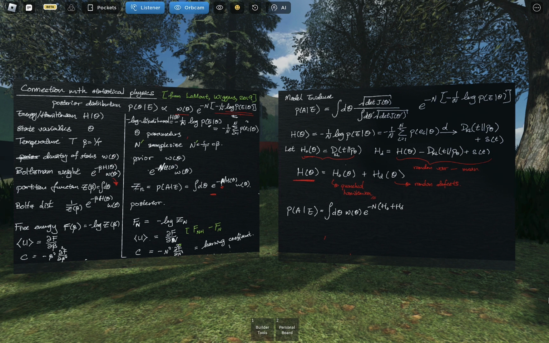But the upshot is that this is the expression, and we can make the analogy to statistical physics better by talking about the annealed or quench version, by averaging out all the defects.